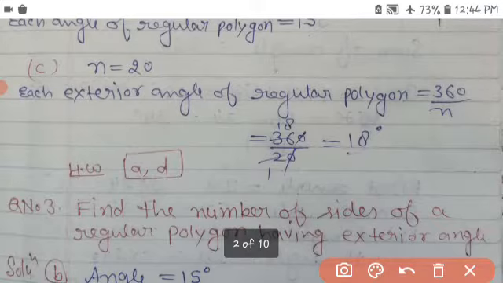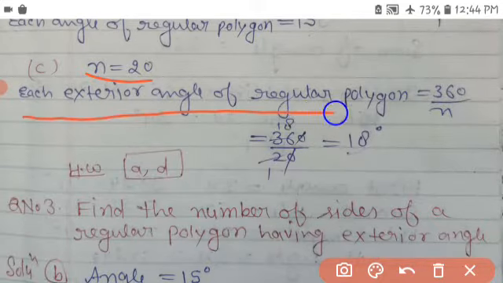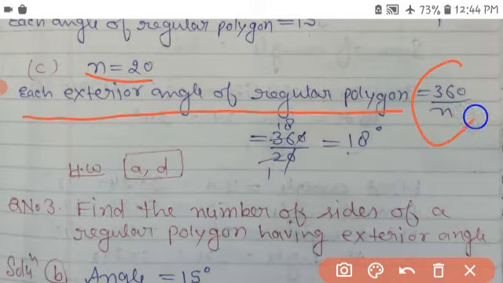Now n is equal to 20. Each exterior angle of a regular polygon is 360 upon 20, which is equal to 18 degrees.